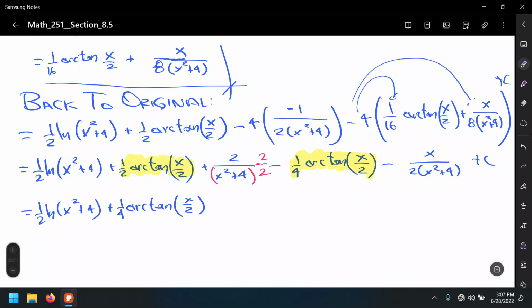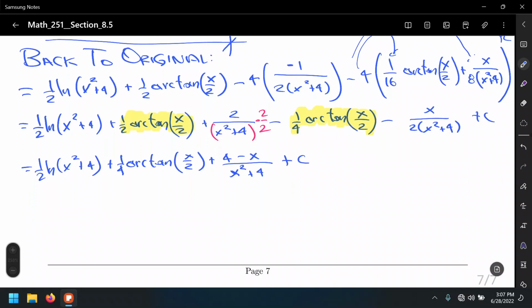And well, combining these other two, that's 4 minus x over x squared plus 4. Alright, plus c. And is there anything else? Yes. We got the 2 times x squared plus 4. Yeah, the 2, right? And we're not done. We just need to box the final answer. All right.